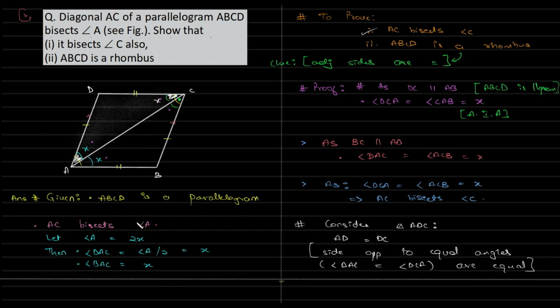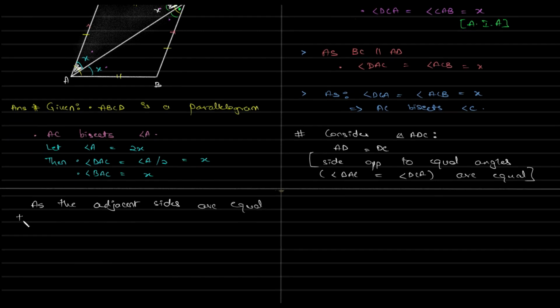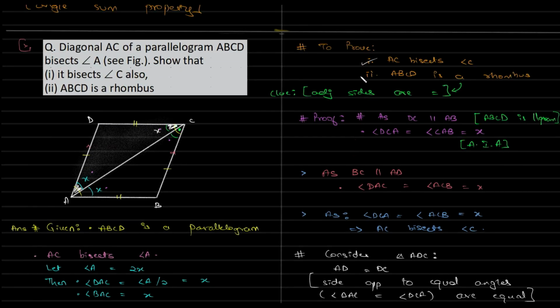So since the adjacent sides are equal, thus the parallelogram can be said to be a rhombus. Yeah, we need to prove that only, and we are done. That's it. Okay, so this is done.